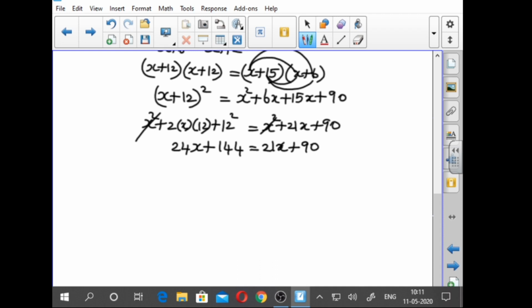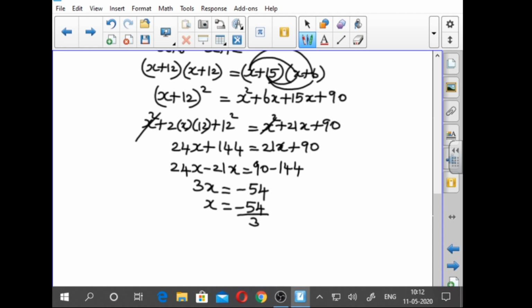Collect the x term to the left hand side. It is the unknown we have to find. So 24x minus 21x equal to 90 minus 144. 24x minus 21x, the answer will be 3x equal to minus 54. X we need, so 3 is in multiplication, while it comes to the other side, it will become division.